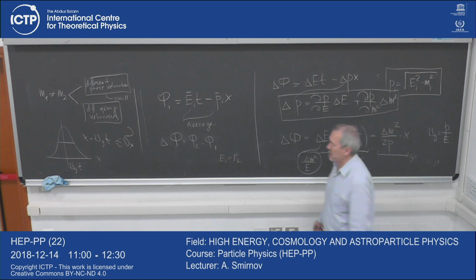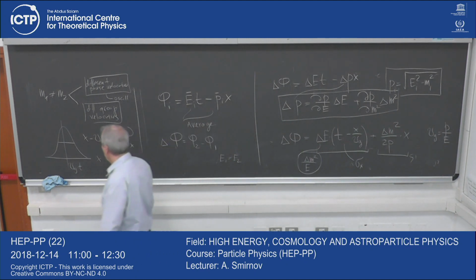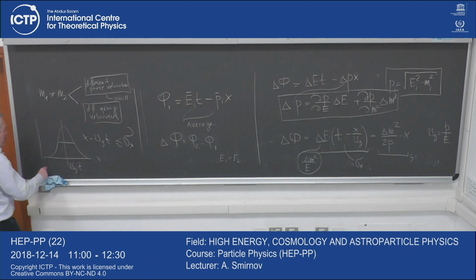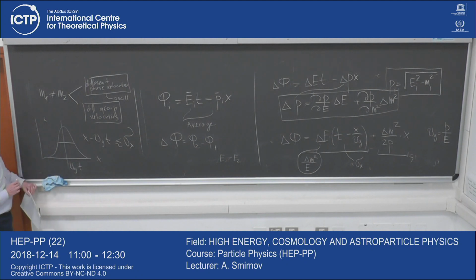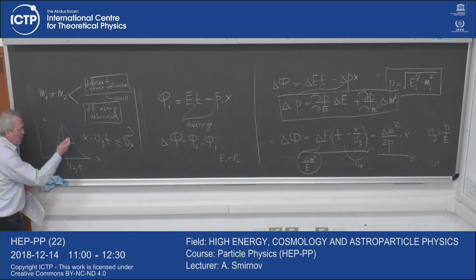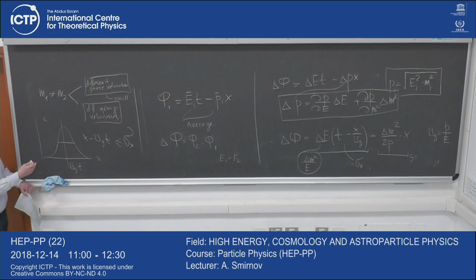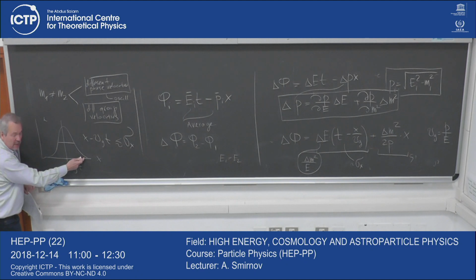Just look back to this picture. This is what we introduced before. The middle of the wave packet is given by the group velocity multiplied by time. So the particle is not localized. It can be here, because the physical meaning of this is the amplitude of probability to find the particle in this state or in this position, right?